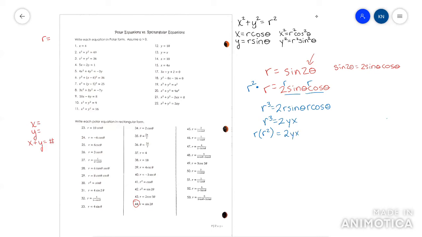And I would do that so I could use a rule, x squared plus y squared. All right, and now if I got to here, I would probably divide to isolate r on the left side.